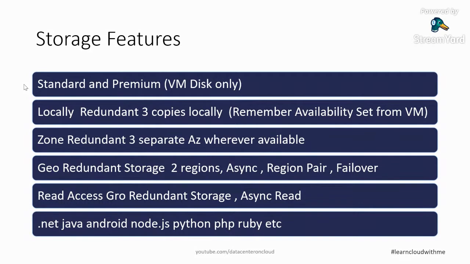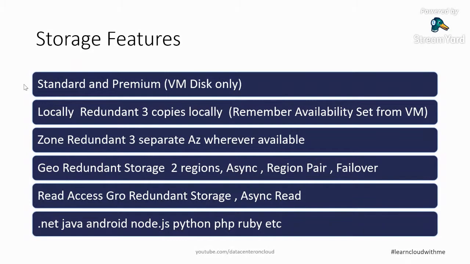So this locally redundant option is there because, make a note, not every Microsoft Azure region supports availability zones at this point in time. Wherever an availability zone is available, we will get the second option of zone redundant copy. But if it is not there, then we will see local redundant, geo, and read only. I will explain the next two quickly.